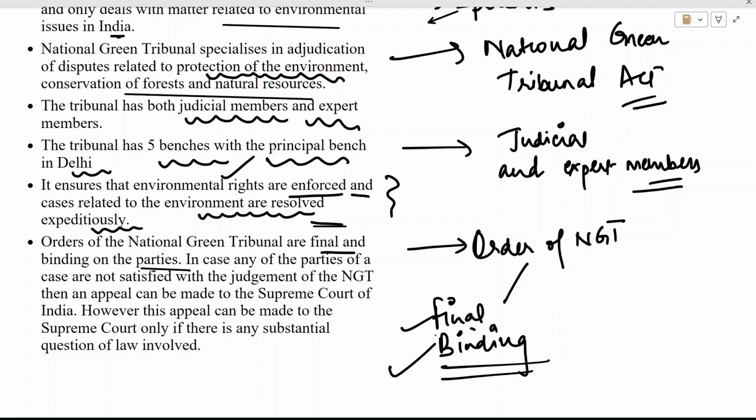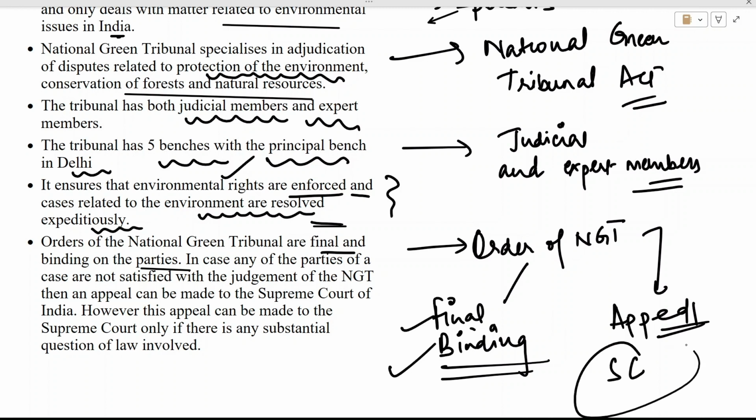But if you feel that you are not satisfied with the judgment of the NGT, what can you do? You can appeal. Where can you appeal? You don't need to go to the High Court. You can straight away go to the Supreme Court. So from NGT, you can straight away go to the Supreme Court. Generally, there is a fixed period of days which are set, and within those number of days, you can appeal to the Supreme Court saying that you are not satisfied with the order of the NGT.